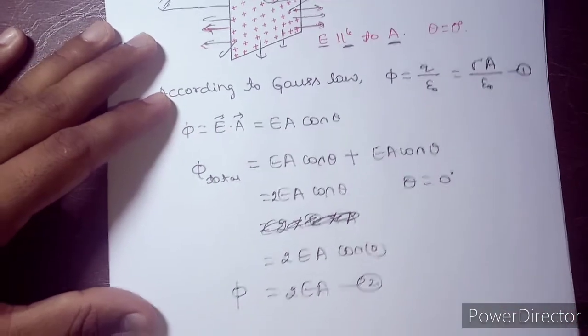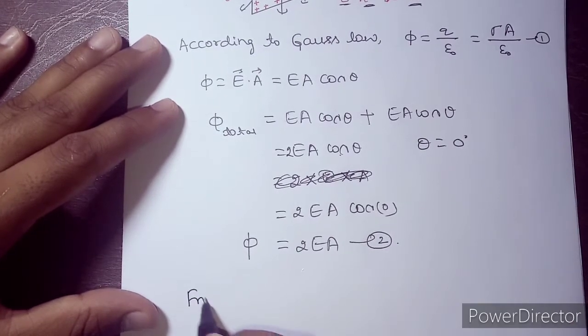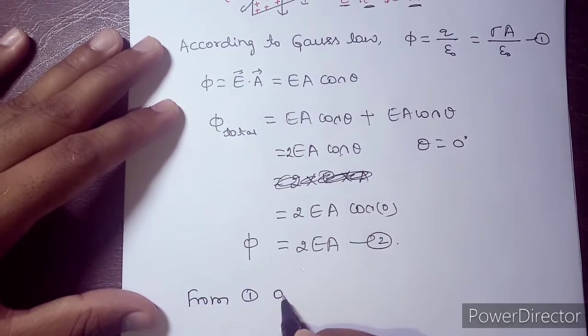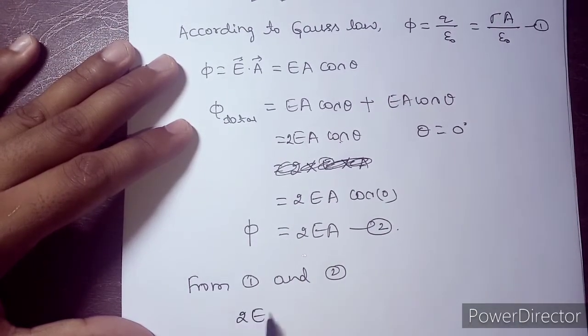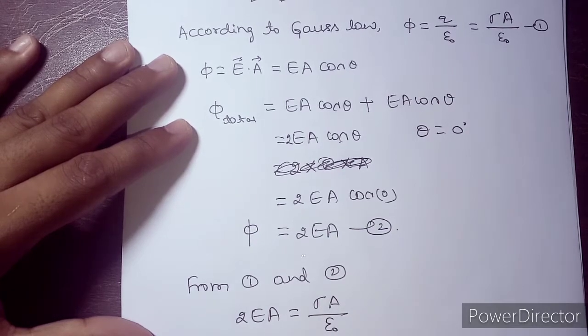So from 1 and 2, we'll get 2 E A is equal to sigma A divided by epsilon naught.